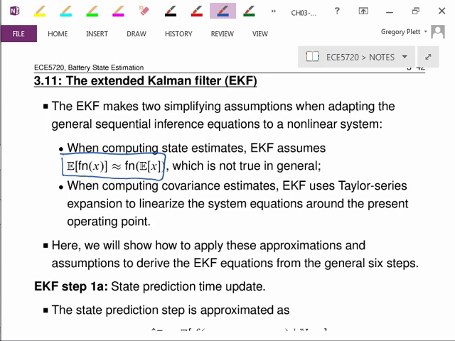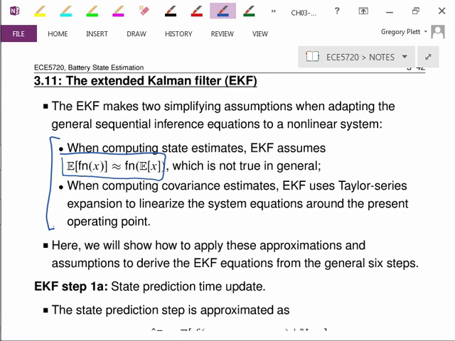If the system dynamics are in fact linear, the EKF is doing exactly the right thing, and in both of these cases, if the system is linear, it will produce exactly the same results as the linear Kalman filter. But when the system is nonlinear, this is one generalization that is not exact, but it can give good results.